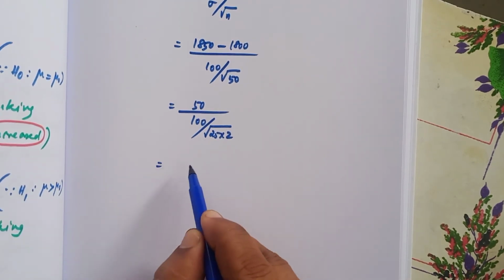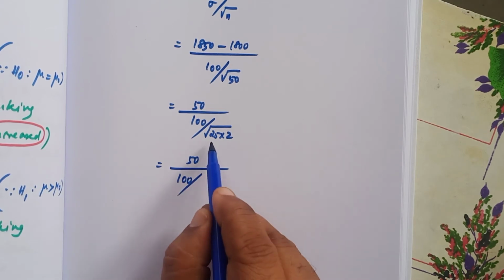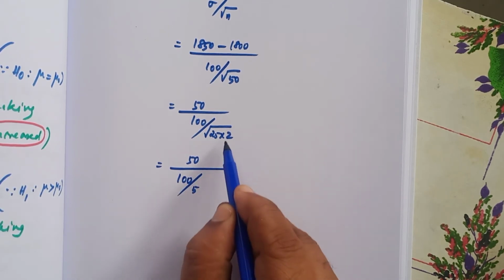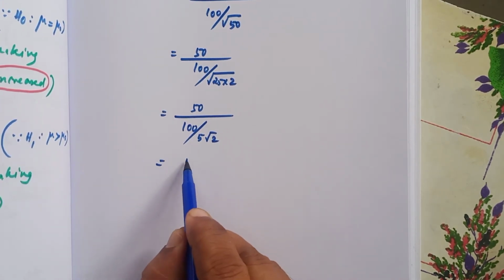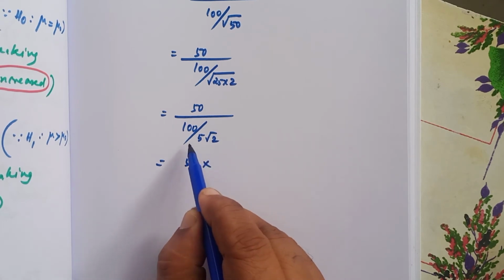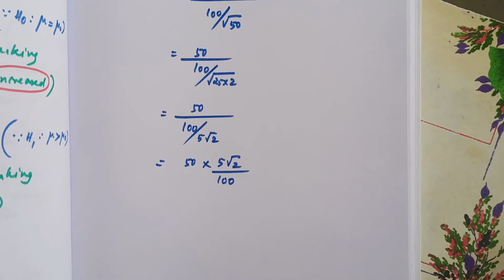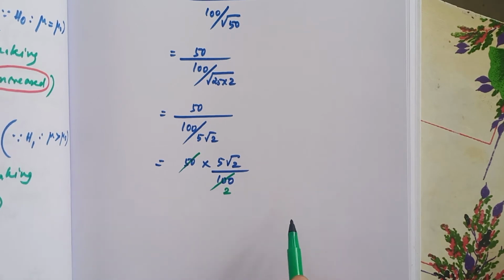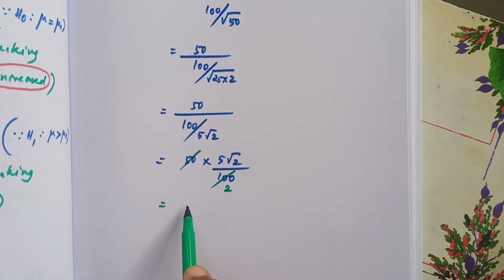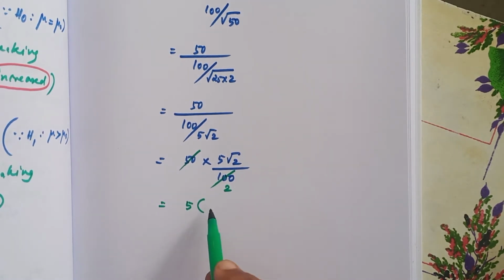That is equal to 50 divided by 100 divided by root 25 into root 2. Root 25 is 5, and root 2 is root 2 only. That is 50, division becomes multiplication, you can write the reciprocal: 5 root 2 divided by 100. You can cancel by 50 table, two times. That is equal to 5 into root 2 divided by 2. The approximate value of root 2 is 1.414.